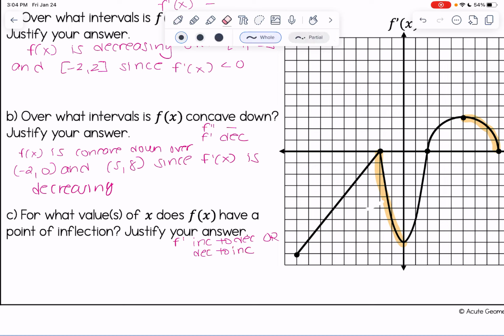So if I take a look at my graph and I take a look at -2, it changes there from increasing to decreasing. At x equals 0, it changes from decreasing to increasing. And at x equals 5, it changes from increasing to decreasing.